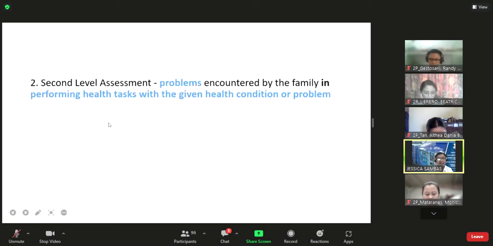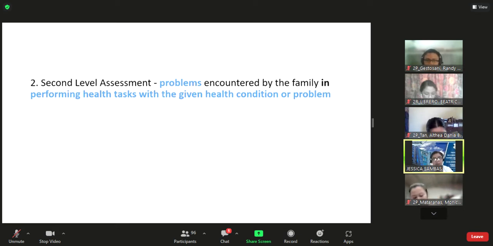Now, saan naman po itong second level assessment? So, sa second level assessment, still you can find it in your typology. Diba kanina, health problem ang in-identify natin that we try to categorize it. Now, for family nursing problem, you are going to check the second level assessment.